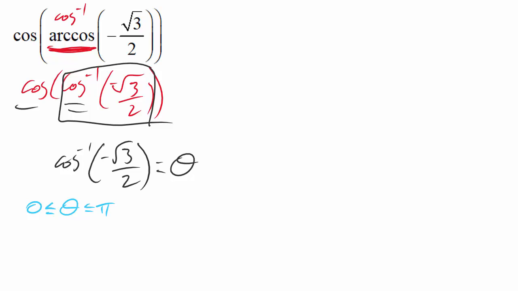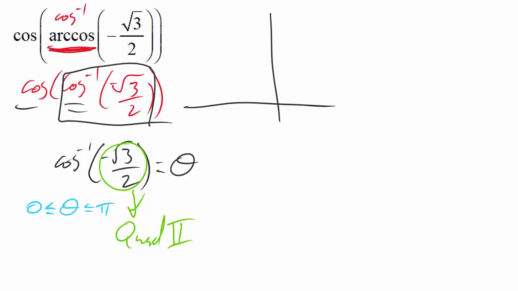If cosine is going to be a negative value, that means we're going to have to be in quadrant 2. That's our giveaway for quadrant 2. So we're going to draw our coordinate axes and draw our right triangle in quadrant 2, trying to give ourselves enough room to do some work.